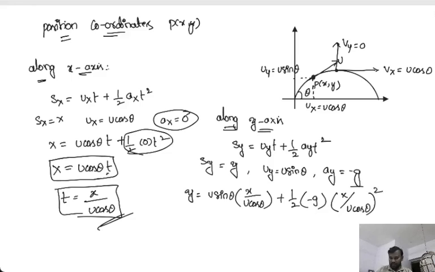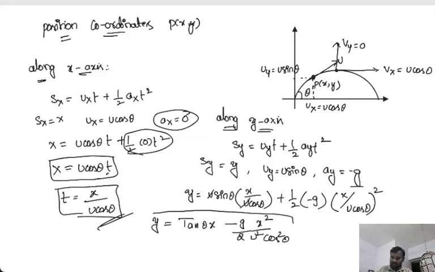Then y is equal to, the u cancels, sin by cos is equal to tan theta x. So tan theta x minus g by 2 x square divided by u square cos square theta. This is the y coordinate.